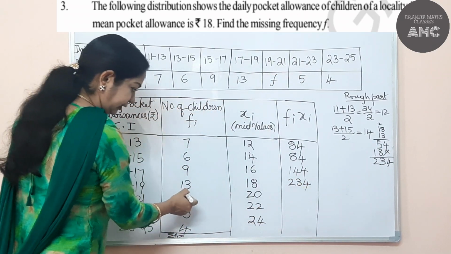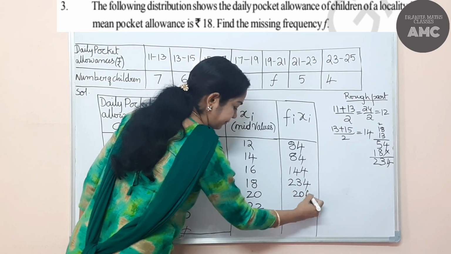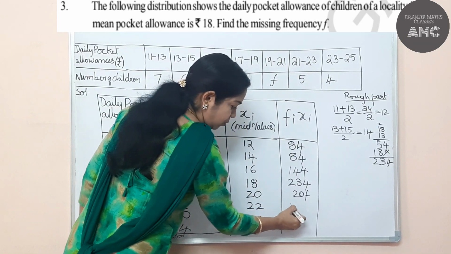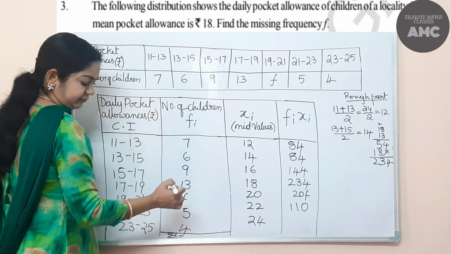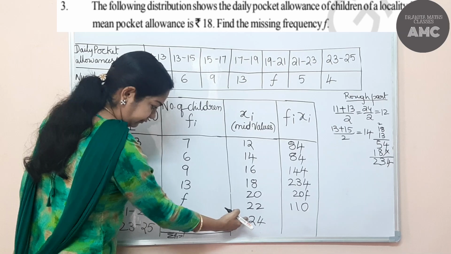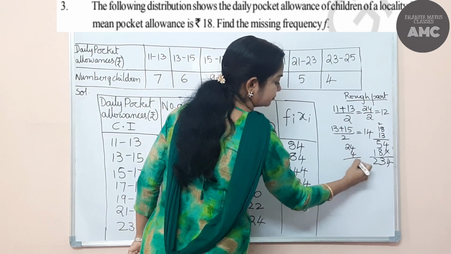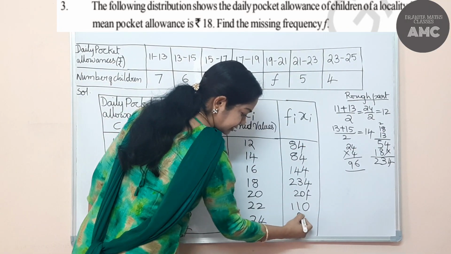Now 20 into f, that is simply 20f. Okay, 22 into 5 comes to 110. And 24 into 4 comes to 96.